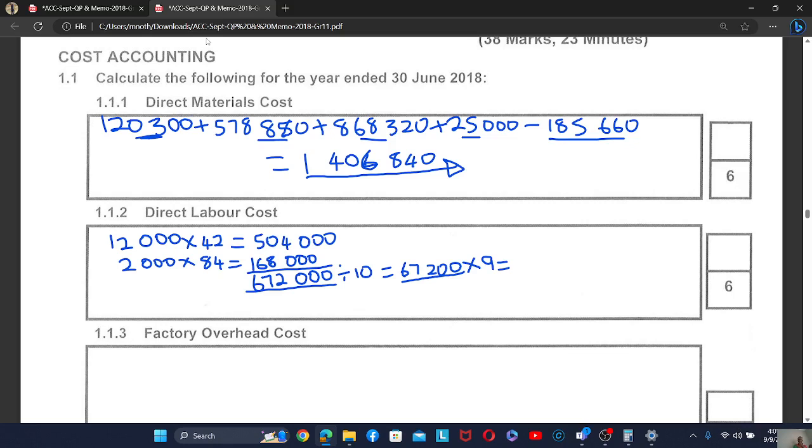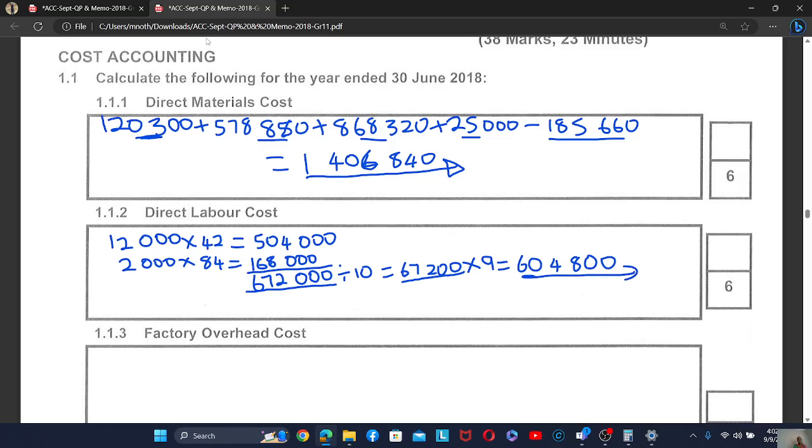How much is it? 604,800. So this is your direct labor cost.